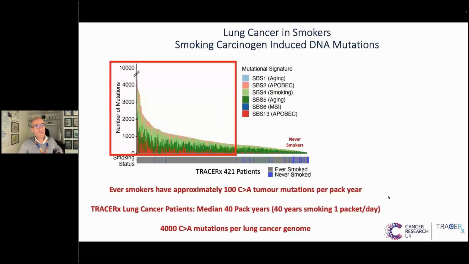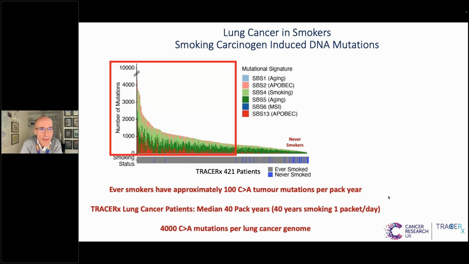Now, this is just to elaborate on this point about mutations again, because it's fairly central to this talk. When we sequence a patient's tumor genome, there are 4 billion nucleotides or base pairs that make up that cancer. Now, in a smoker who's been smoking, let's say, 1 packet a day for 40 years, they would have what's called a 40-pack year history of smoking.